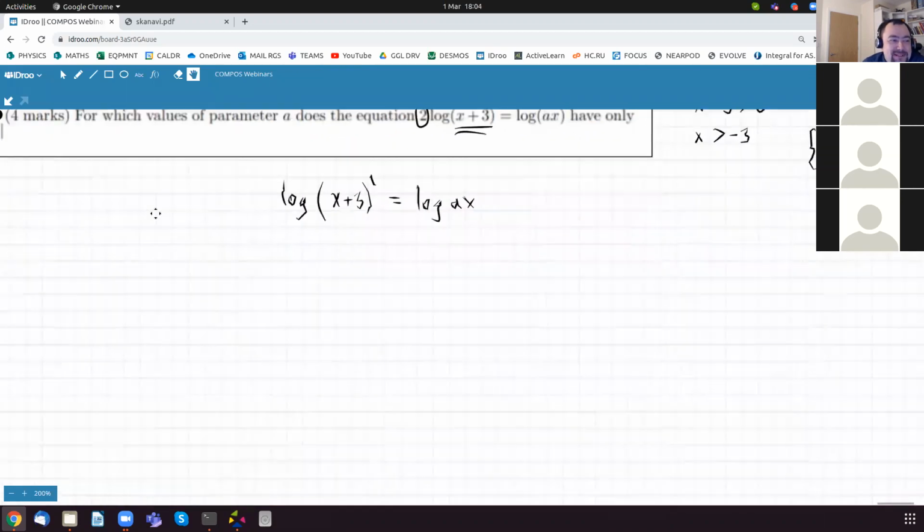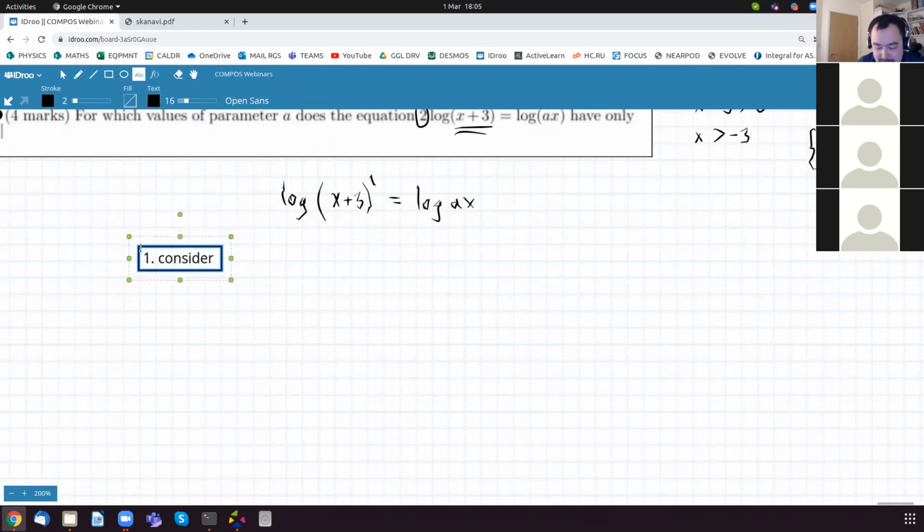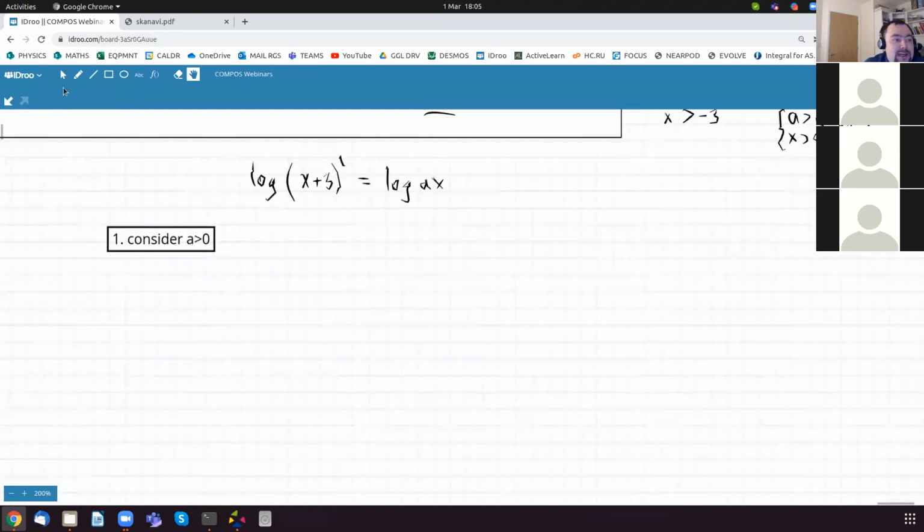So first, consider a is greater than 0. This makes our life much easier. So what do we have? Well, we have (x plus 3) squared equals ax.